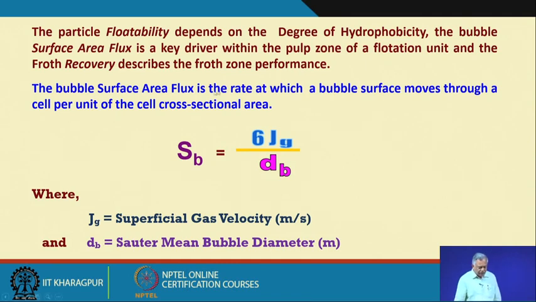So, the bubble surface area flux, how do I calculate it? The bubble surface area flux is the rate at which bubble surface moves through a cell per unit of the cell cross sectional area.